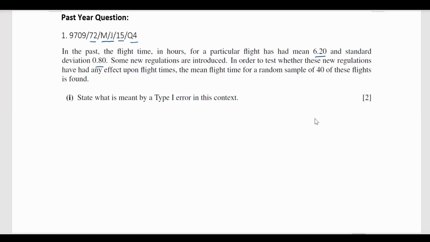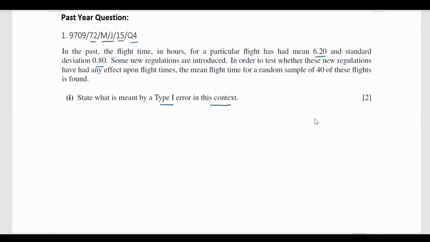Some new regulations are introduced. In order to test whether these new regulations have had any effect upon flight times, the mean flight time for a random sample of 40 of these flights is found. Part 1, state what is meant by a type 1 error in this context.